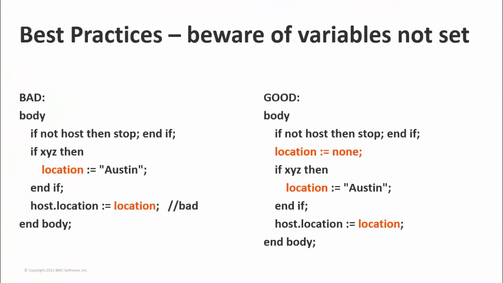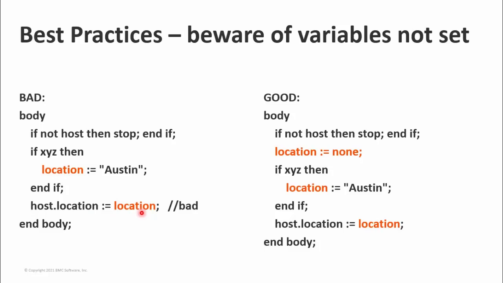And now I will talk about some best practices. First, you should always be aware of where in your pattern your variables are set, where they have values. So the first example on the left looks okay to many people, but notice if XYZ then set the location to Austin, and then outside of the if, we're trying to use the value of location.